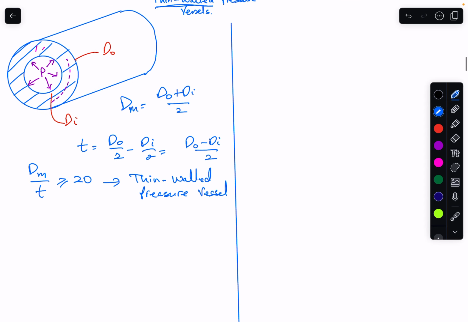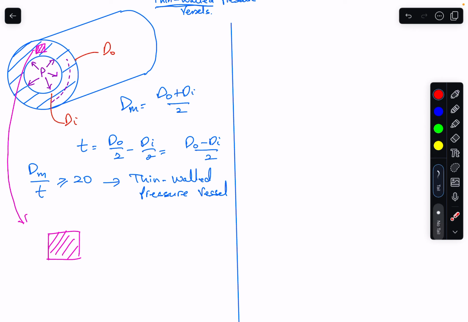So what we will do is start by looking at a stress element, the stress element that we've been drawing since the introductory lecture. We customarily call these sigma x and sigma y, but in this case, because it's a circular shape with circular coordinates, it's not x and y, it's the hoop direction and radial direction.